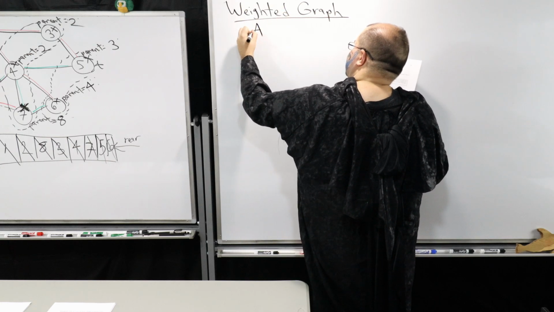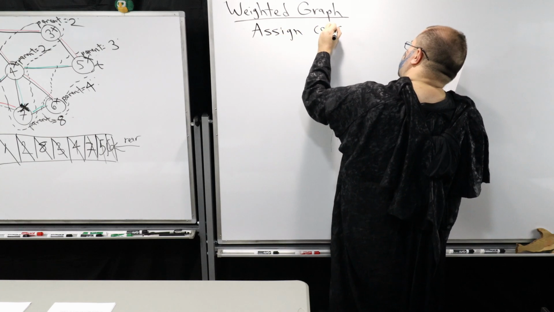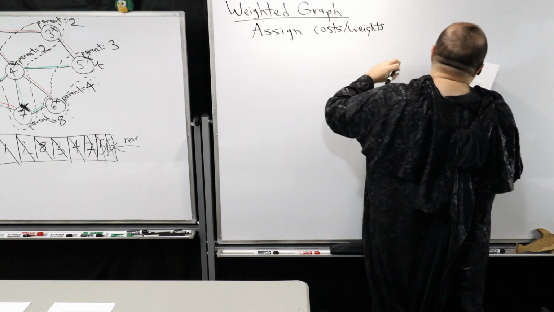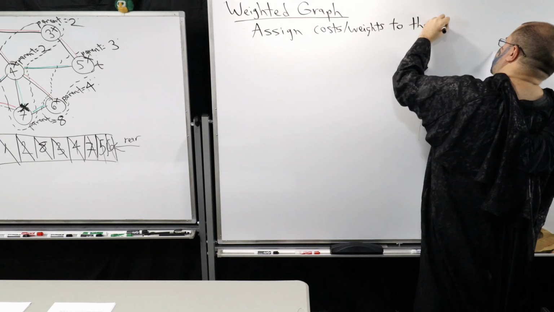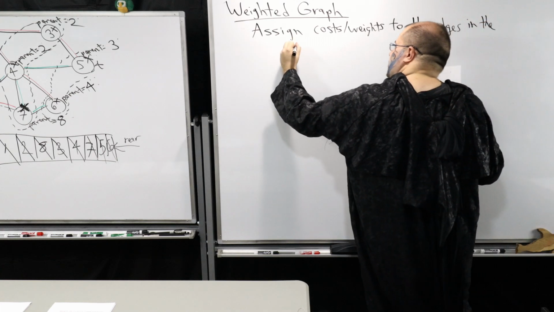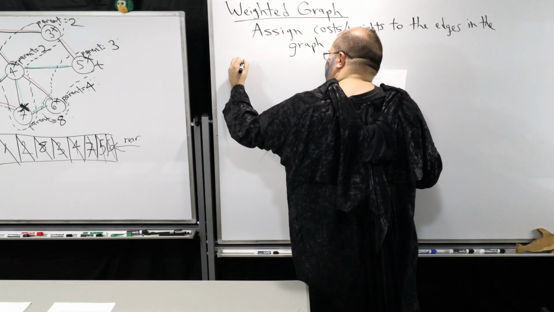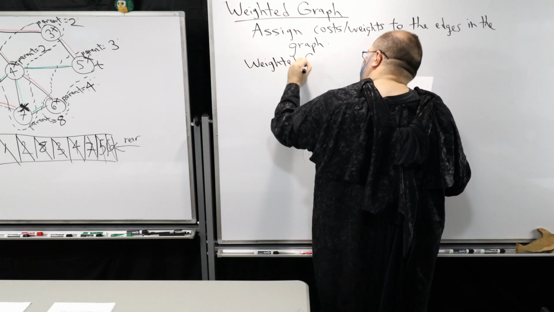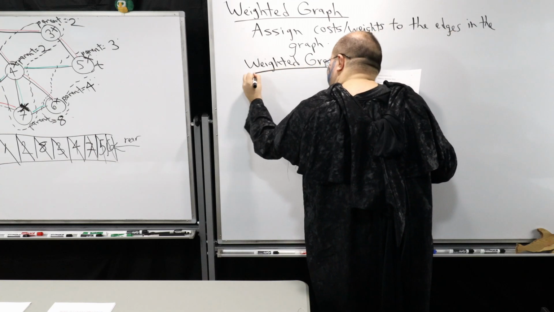So we're going to assign costs or weights to the edges in the graph. So that's what we're going to be looking at. I just want to define what a weighted graph is for you and mention a couple small things. I apologize, I'm cutting it really close at the moment.